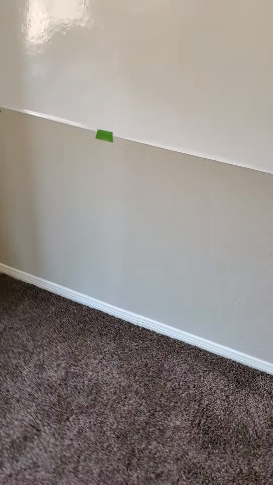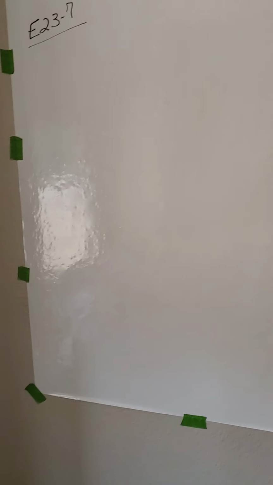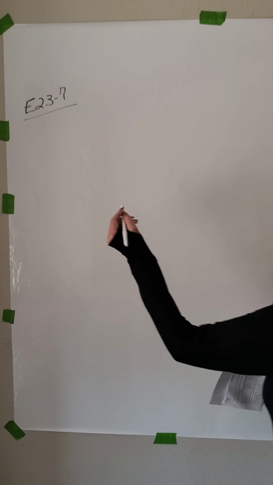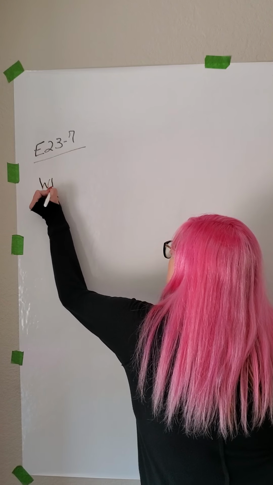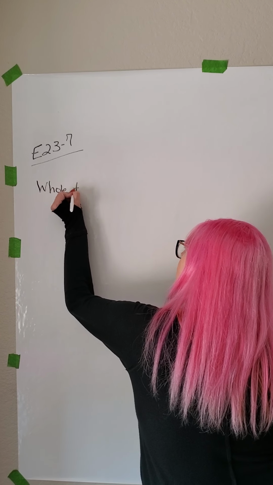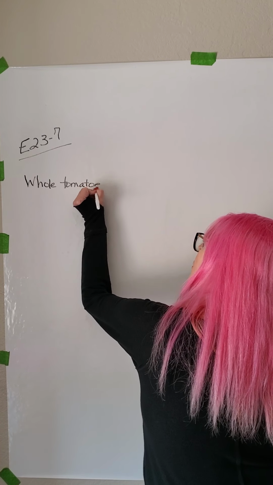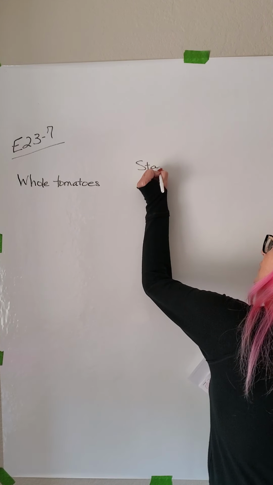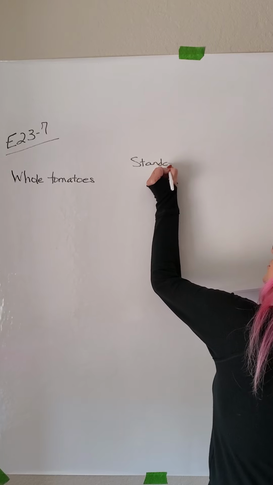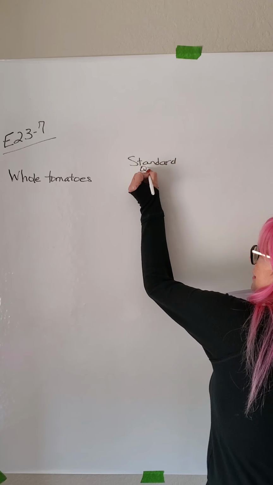Okay, so we're going to come up here, and what we can find out first is we can look at our standard. So I'm going to do my whole tomatoes, and I'm going to put my standard quantity.